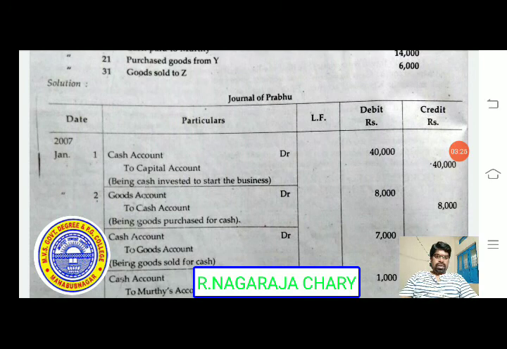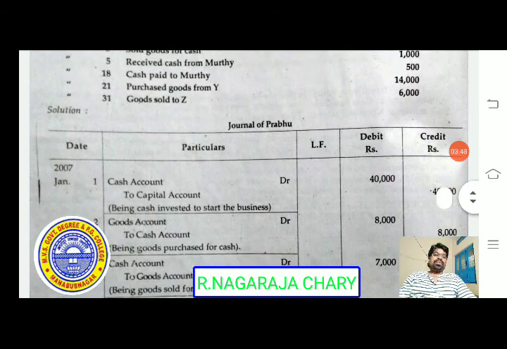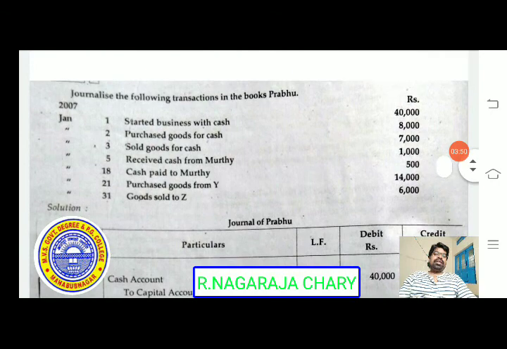In the ledger folio column we have to write page numbers, and in the debit rupees and credit rupees columns, the giving aspect rupees and receiving aspect rupees. These are the columns we already observed in the theory part. The pro forma of journal is like this. In this pro forma we have to write these transactions.